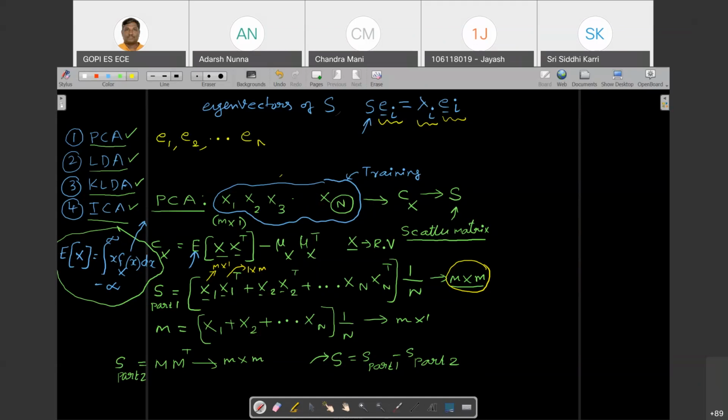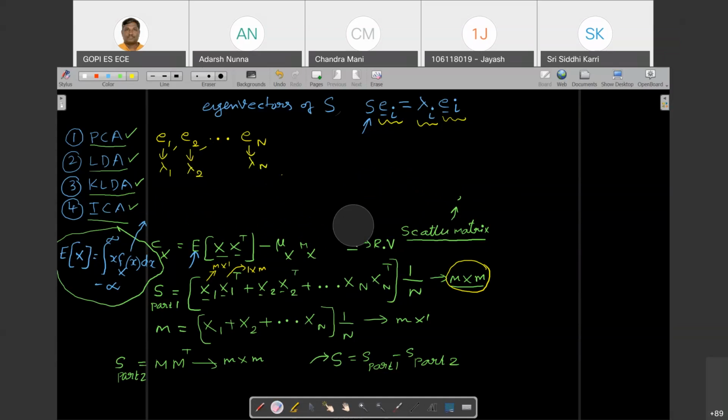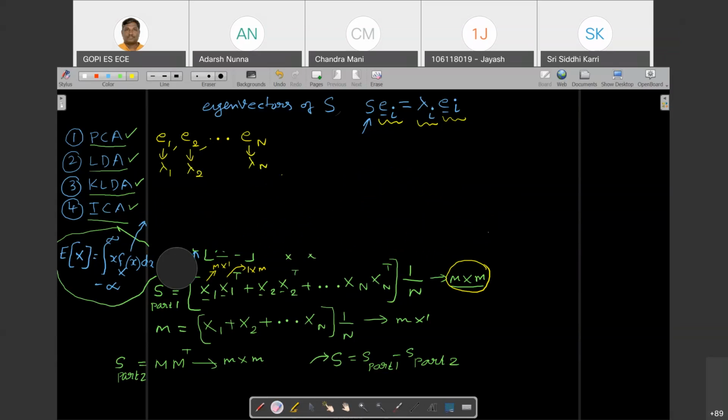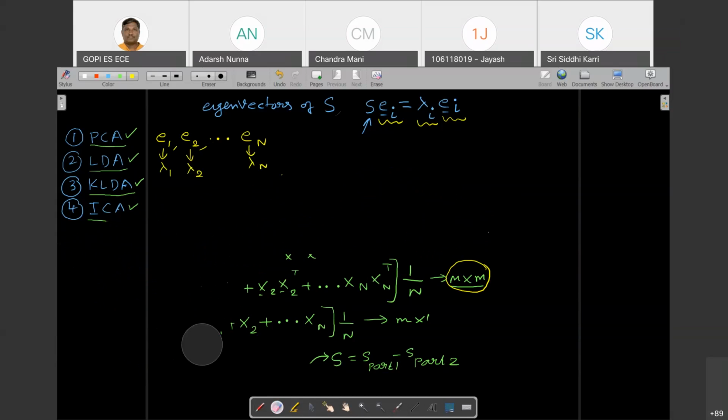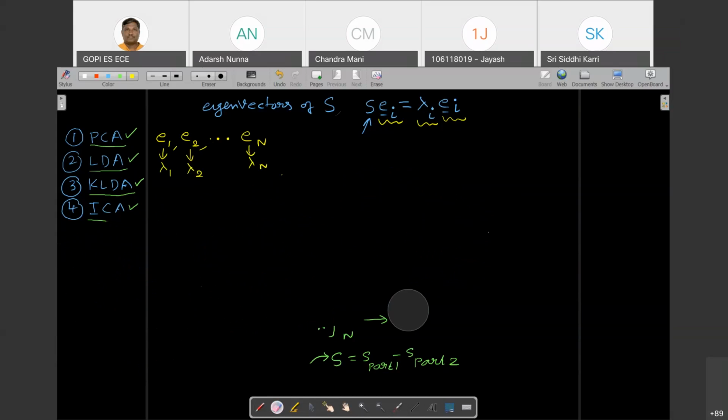We get n eigenvectors, with the corresponding eigenvalues lambda 1, lambda 2, and so on up to lambda n. Let us assume you have collected them in such a way that the eigenvalues are arranged in order, so lambda 1 is greater than lambda 2, and so on.